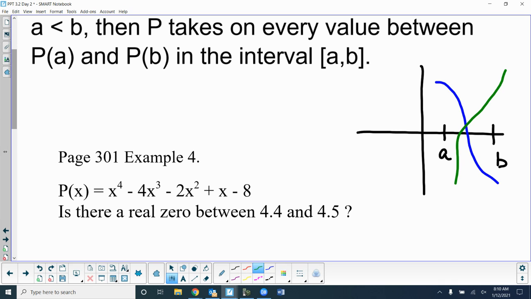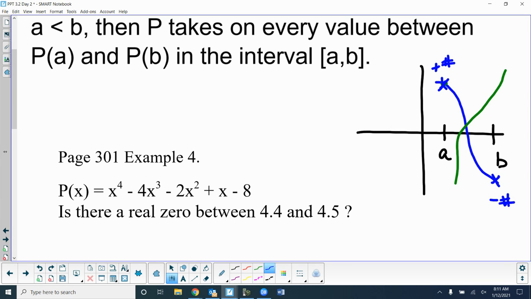Okay? Like on the blue one, P of A is up here. There's the P of A number. That's a positive number. And down here is the P of B number. That's going to be a negative number. So in between there somewhere, it crossed the x-axis, so there's a zero between.